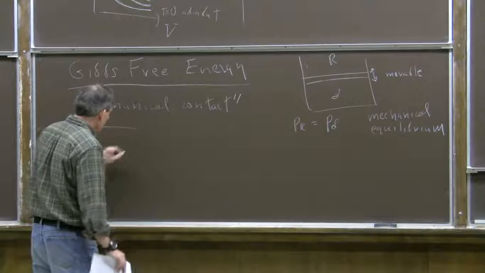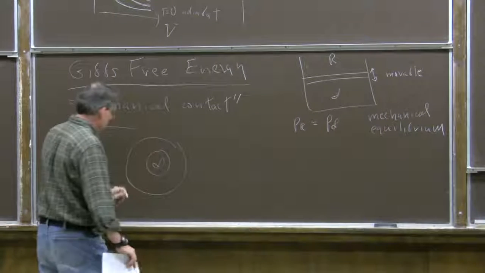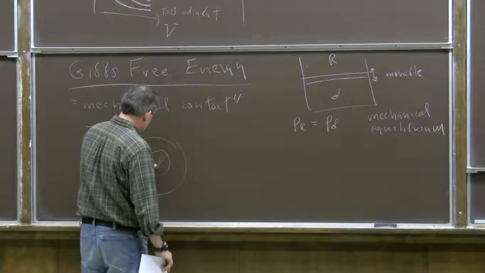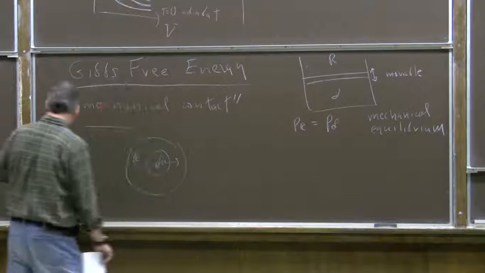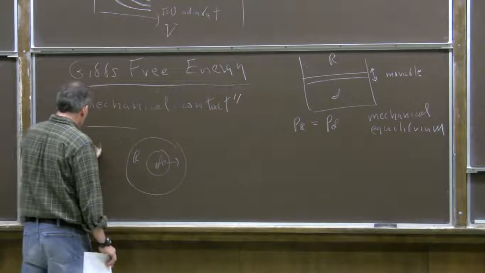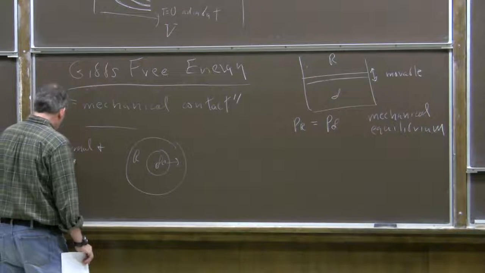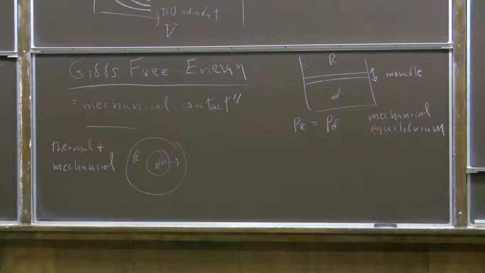So if we, in general, have a system in contact with the reservoir, and the contact is both thermal and mechanical, as usual, we imagine the reservoir is huge compared to the system.